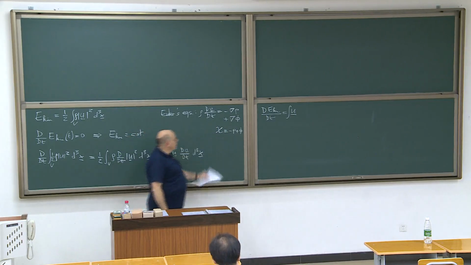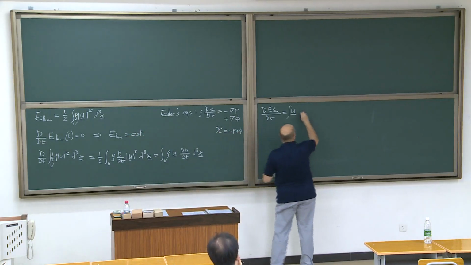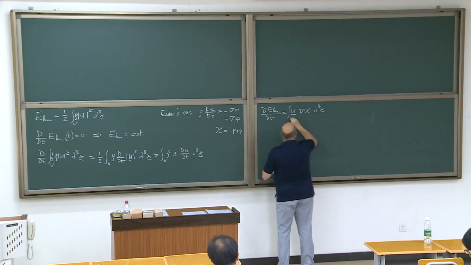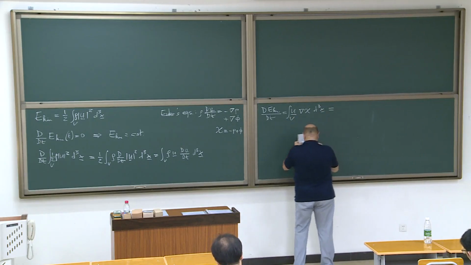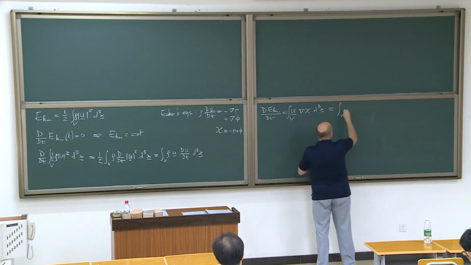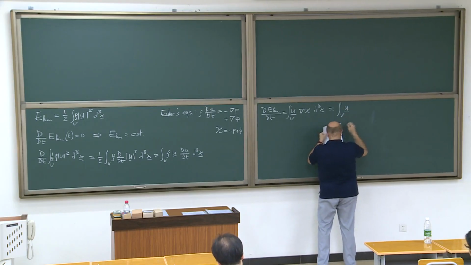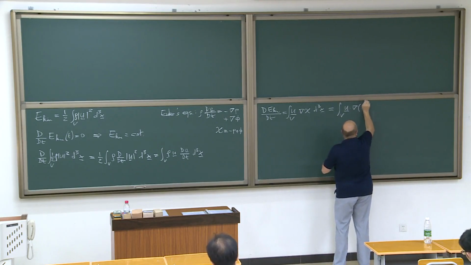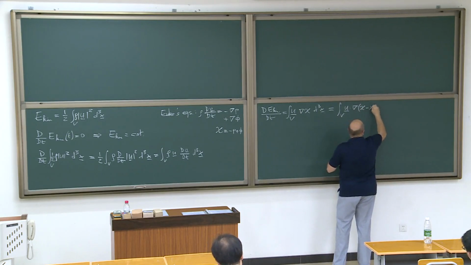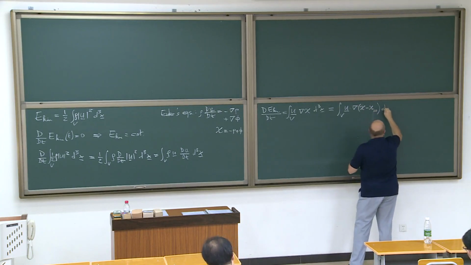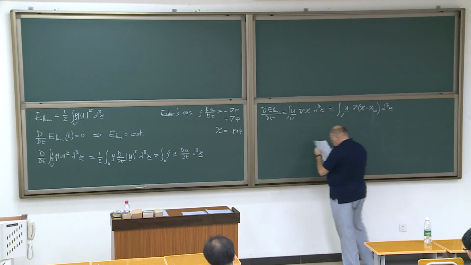And then I have there a grad chi d3x. So this is just the volume integral of this quantity, where I take chi at infinity as a reference, d3x.